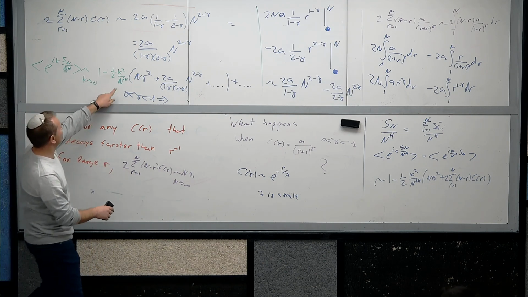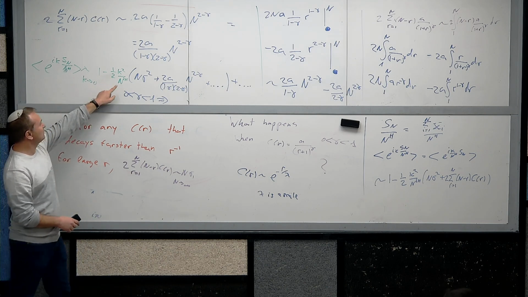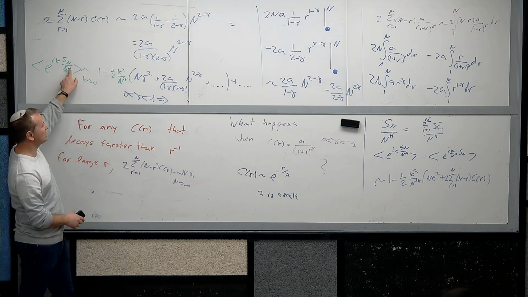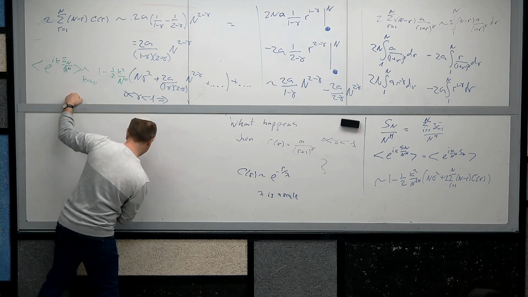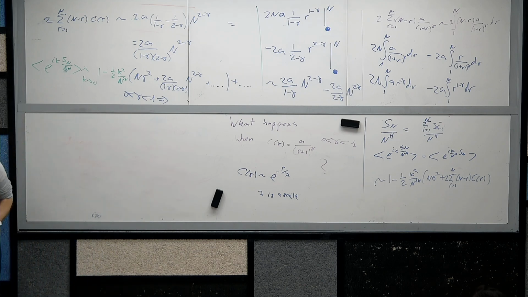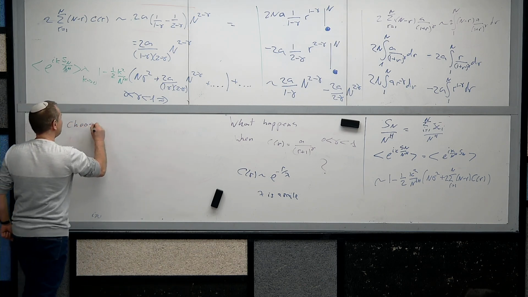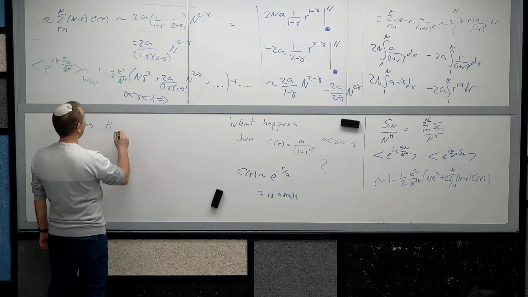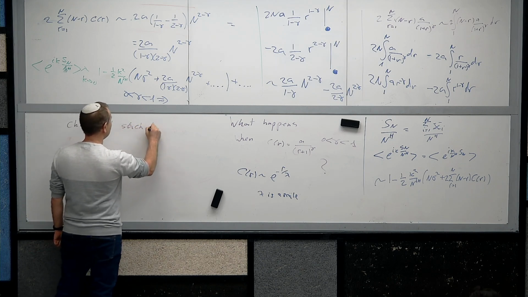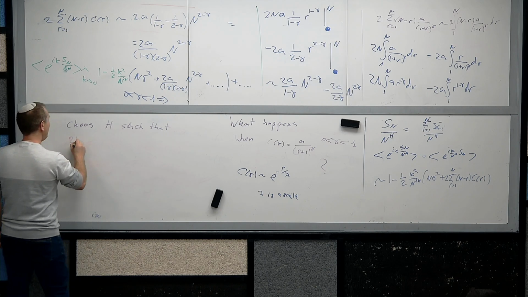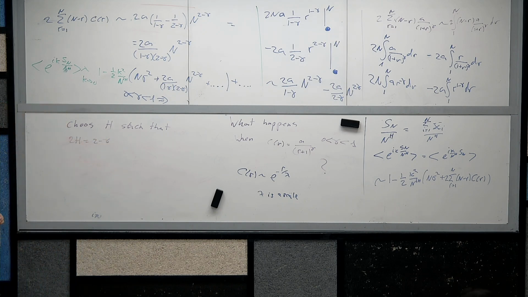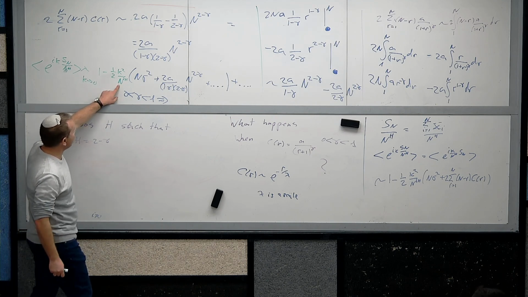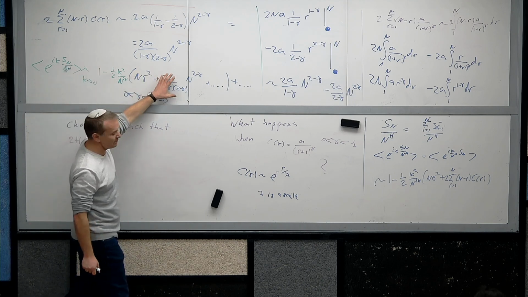Now, I haven't chosen this h at all. So if I choose h such that 2h equals 2 minus gamma, what happens over here? I'm taking this n to the power 2h and sending it inside the parentheses.